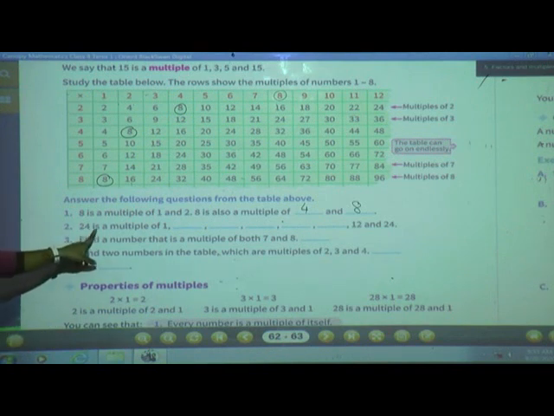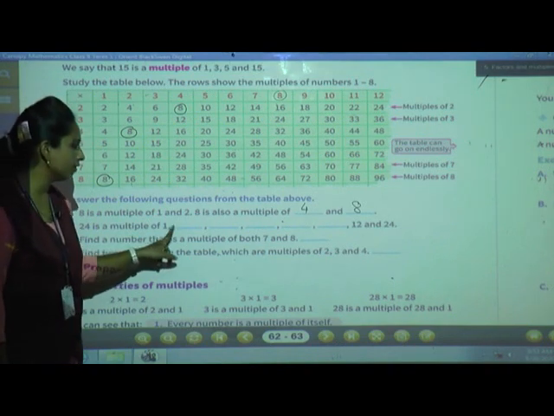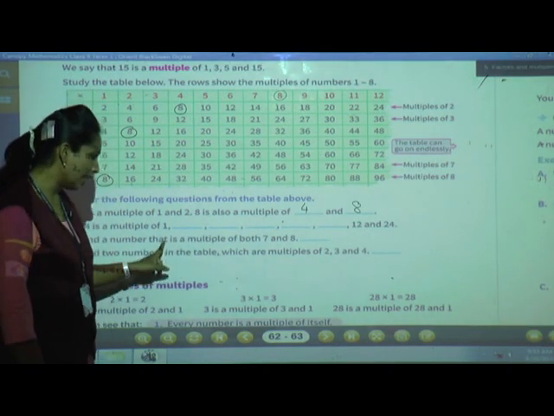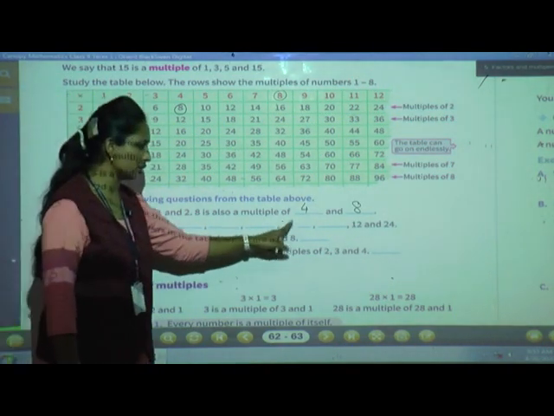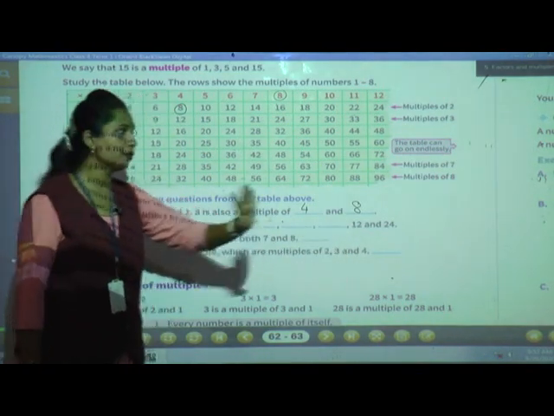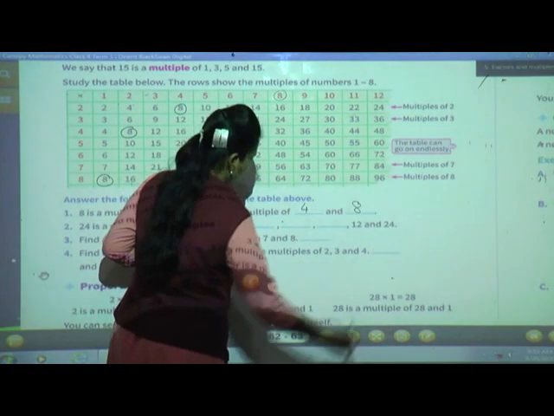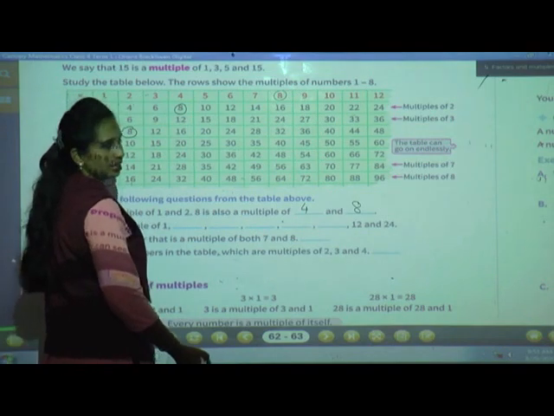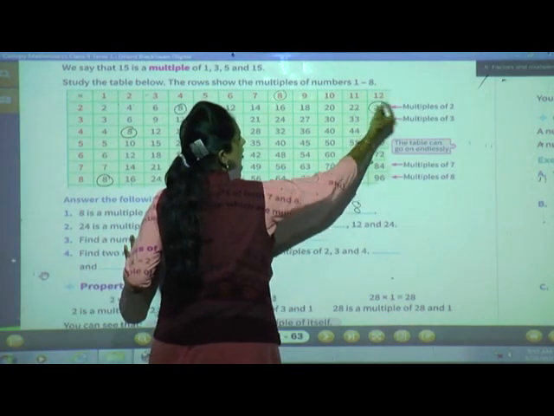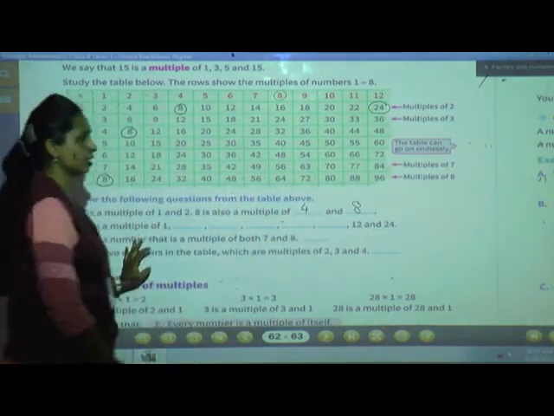Now what they are asking, 24 is a multiple of dash dash dash dash, 1 and dash dash dash dash, dash dash, 12 and 24. Now what we have to do, we just have to find out in which table 24 comes. Already they had given in the 24 table 24 will come, in the 12 table 24 will come. See here, if 12 multiplication is there.